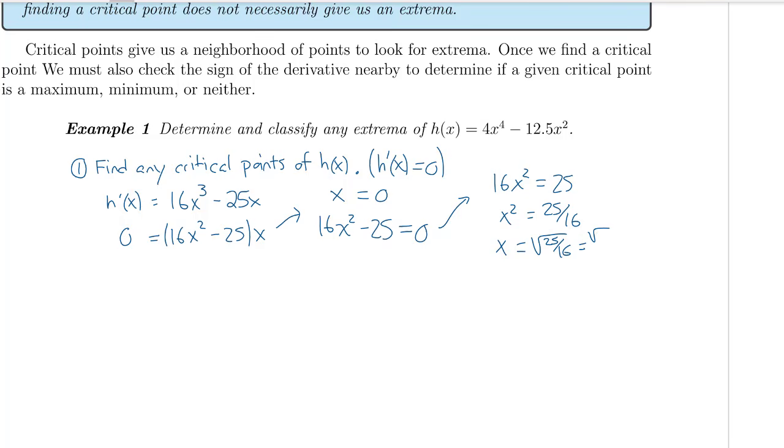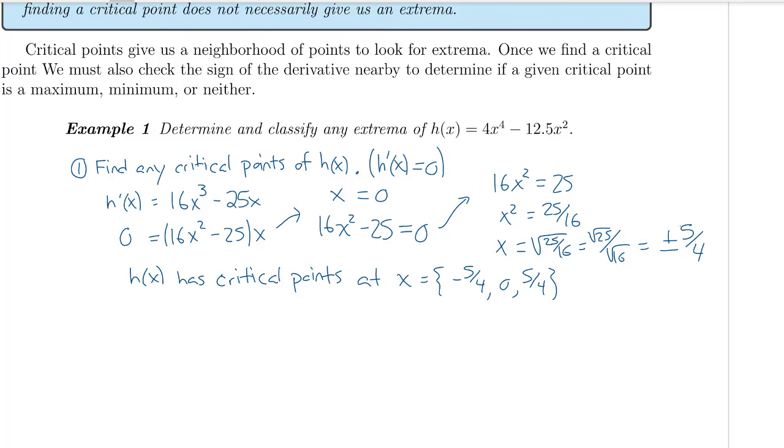By exponent properties, this is equal to the square root of 25 over the square root of 16. So we end up with plus or minus. Remember, square roots have two roots, right? A positive and a negative. So we have two roots, plus and minus 5/4. So this tells us that h of x has critical points at these three places. So negative 5/4, 0, and 5/4.